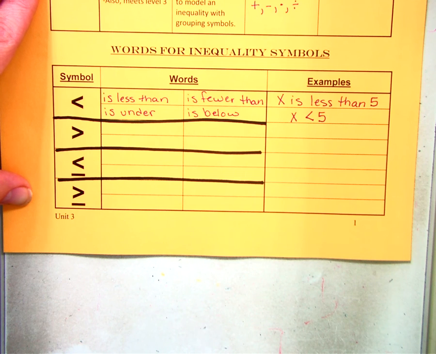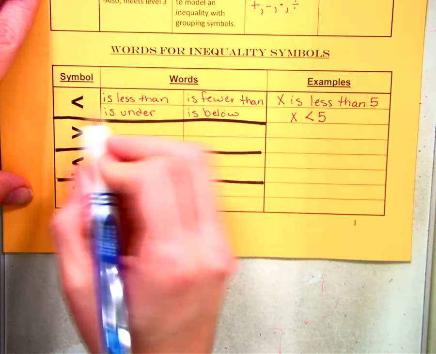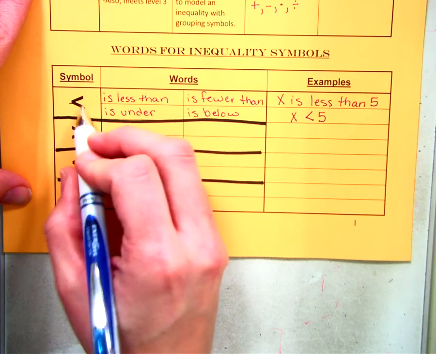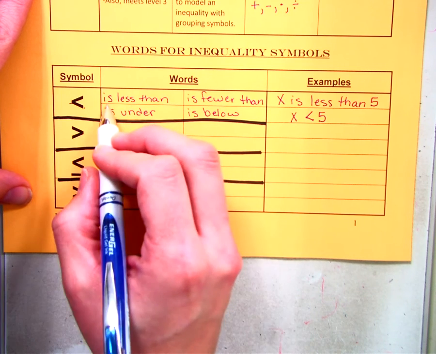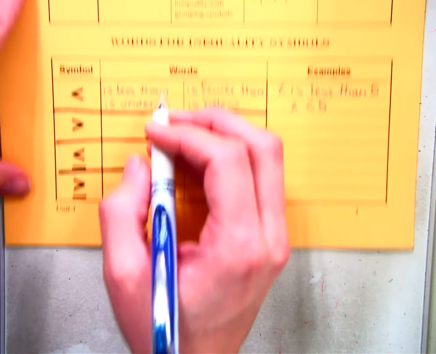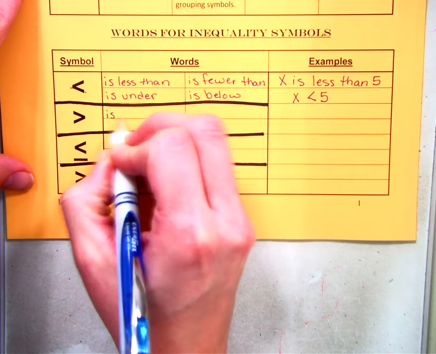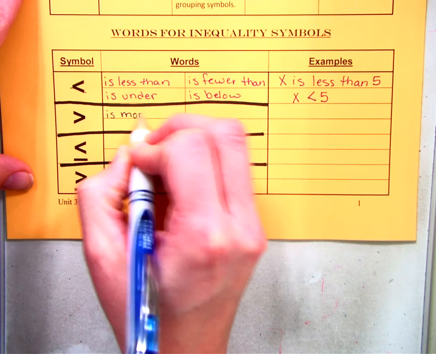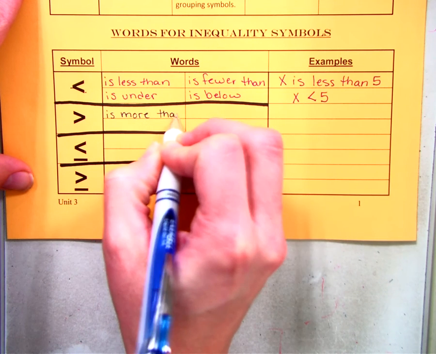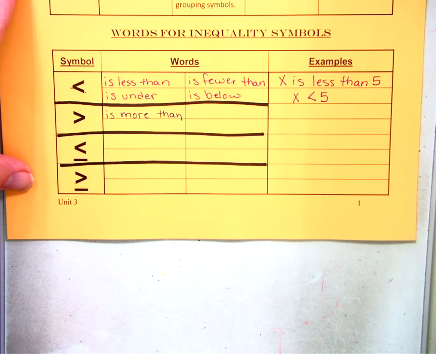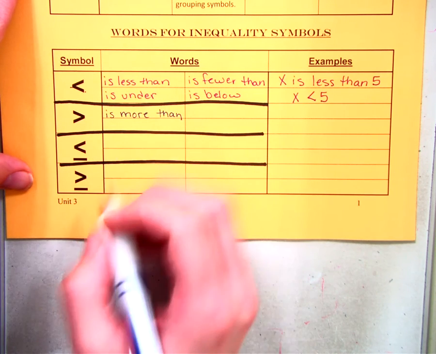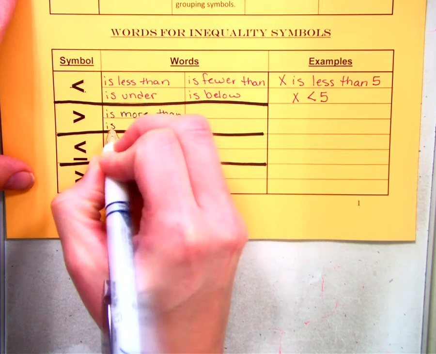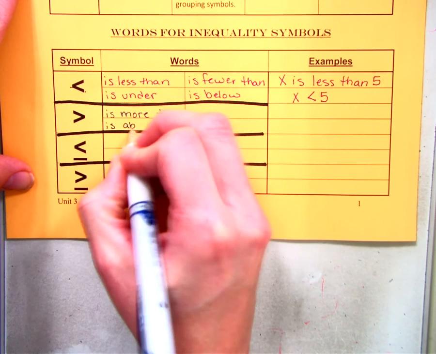Okay, let's talk about some more words. The opposite of the symbol that points to the left is the symbol that points to the right. Well, we're just going to change the words. Instead of is less than, we are going to write is more than. The opposite of is under would be is over or is above.